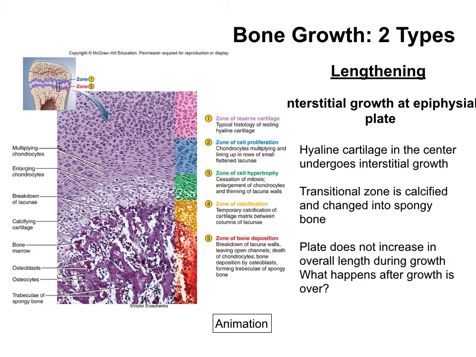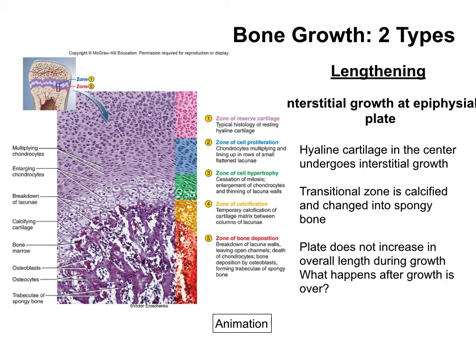The older cartilage in the transitional zones actually becomes calcified, meaning you start to deposit the hydroxyapatite crystals in it, and then this calcified cartilage is changed over into spongy bone. And this changeover into spongy bone is going to help you extend your epiphysis and your diaphysis. Of course, on the diaphysis side, the spongy bone would then be changed into compact bone to make sure that you have a nice strong shaft of compact bone.